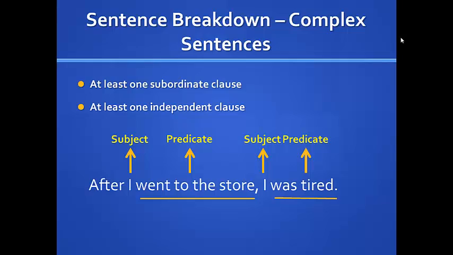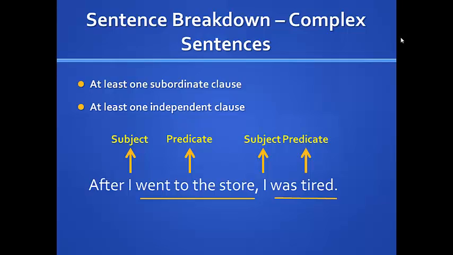You could take away the first half of that sentence, after I went to the store, and the sentence would still make sense. I was tired. It's a complete thought. So when we combine the first part, after I went to the store, which is a subordinate clause, and I was tired, which is an independent clause, now we have a complex sentence.